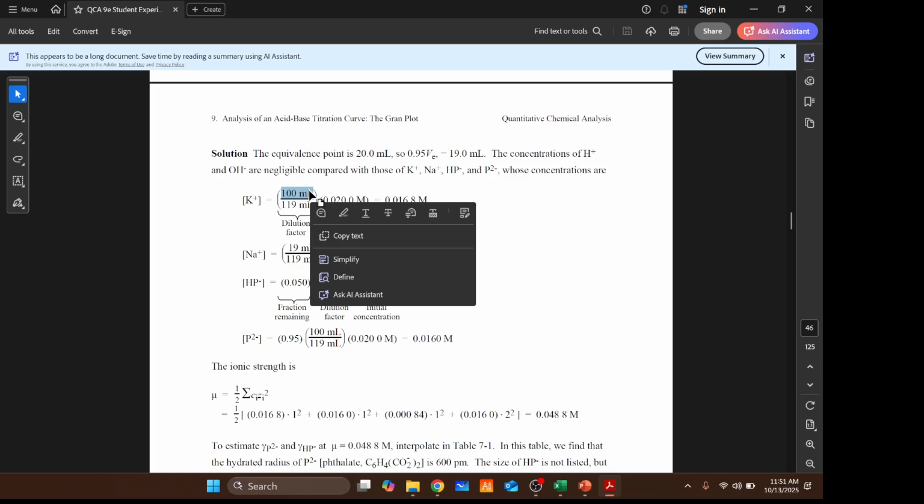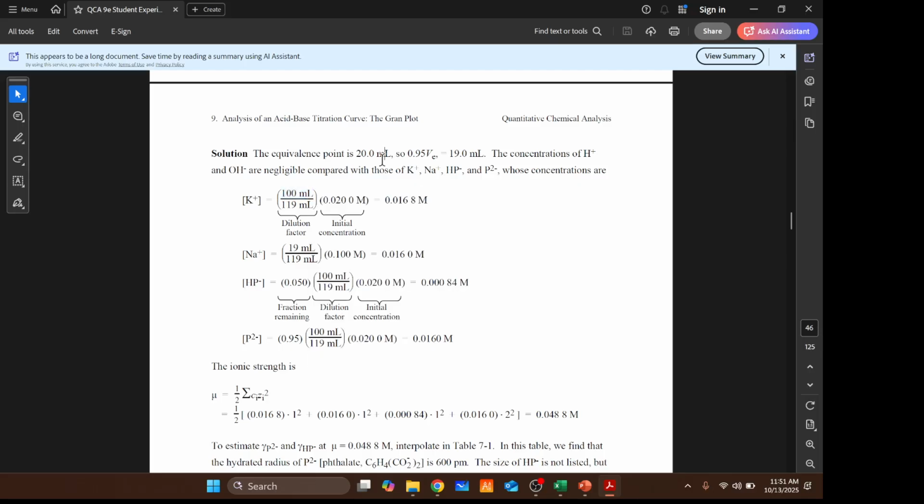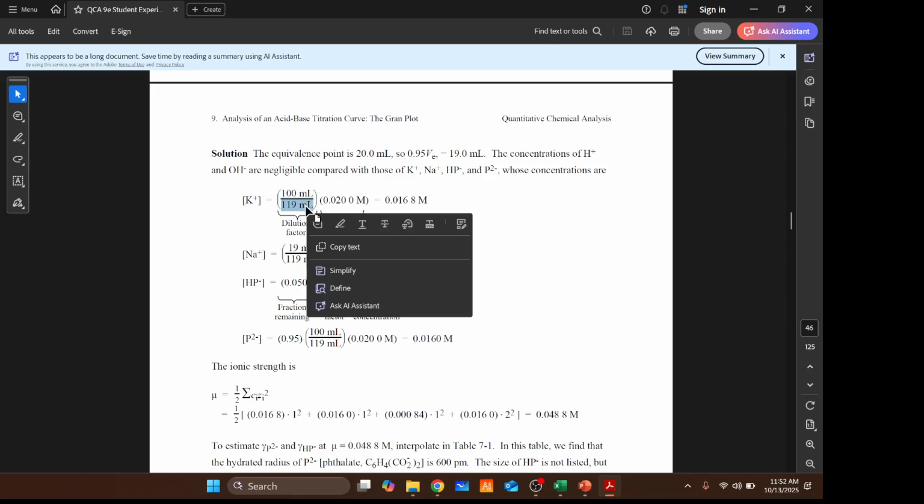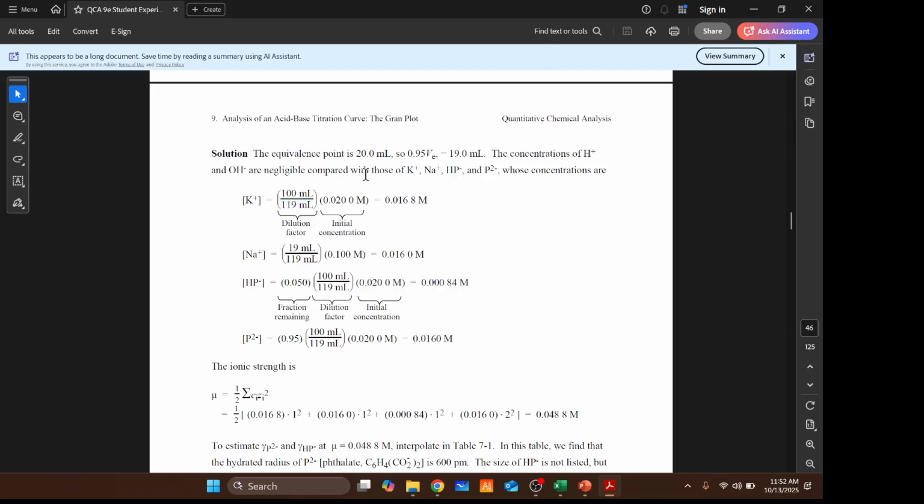So in a flask, you had 100 milliliters of KHP solution, right? That you made using 1 gram. Okay. So this is just that dilution factor formula, right? So here's going to be 100 milliliters. Down here is going to be the 151, I believe it is, right? Your VE value plus 100.